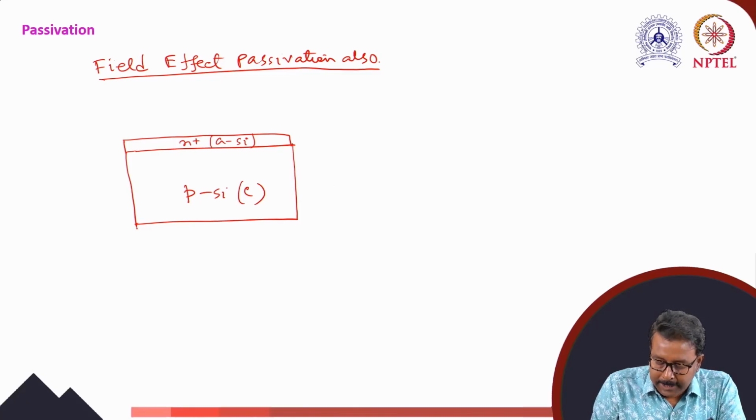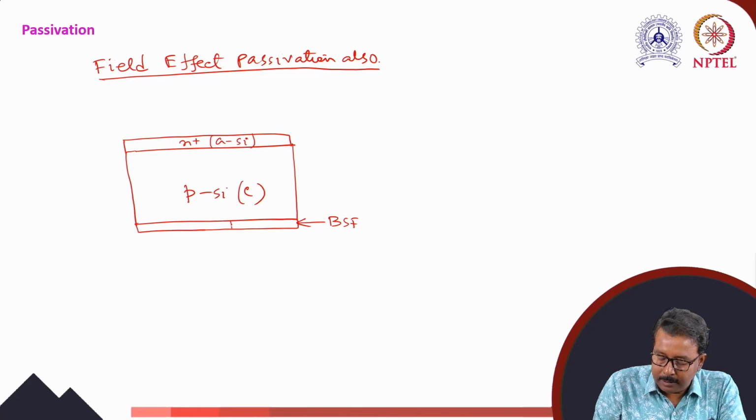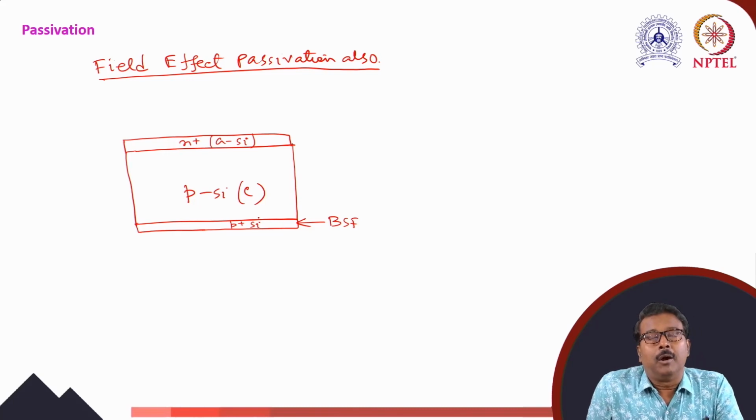And in the backside, there is a P plus region. This is called back surface field. P plus silicon. This may be obtained during the aluminum back contact preparation also.